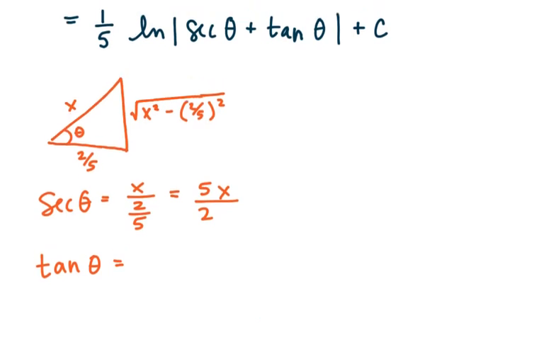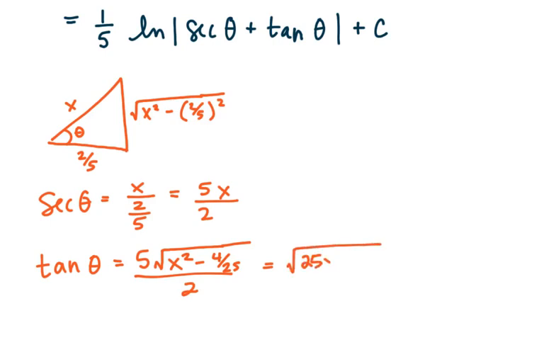That would be the same as 5 square root of x squared minus 4/25 over 2. And to make it look more like our original problem, I can multiply that 5 back through. Once it goes into the square root, it would be the square root of 25x squared minus 4 over 2. So I know what tangent is equal to, I know what secant is equal to, and those are in terms of my reference triangle.